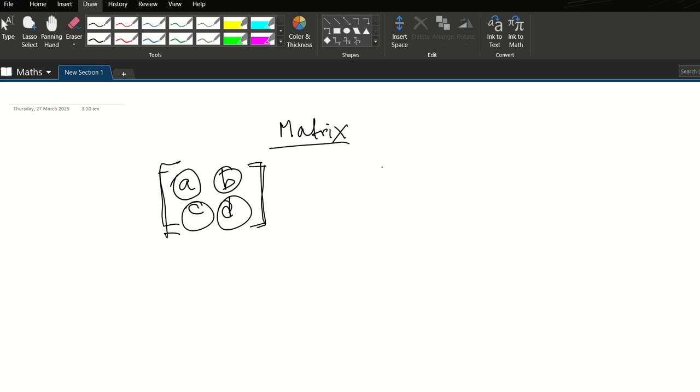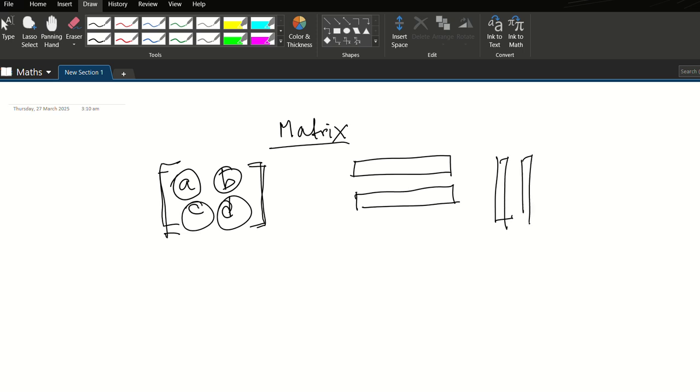Just like in the classroom there are rows, matrices also have rows, and the way our buildings have columns, a matrix also has columns, which are vertical lines. So in a matrix, let the elements be 1, 2, 3, 4, 5, 6.